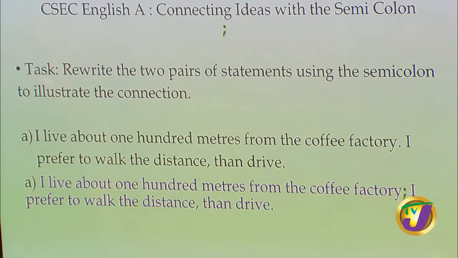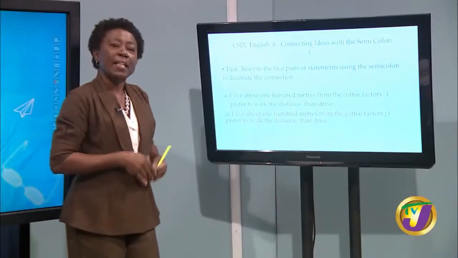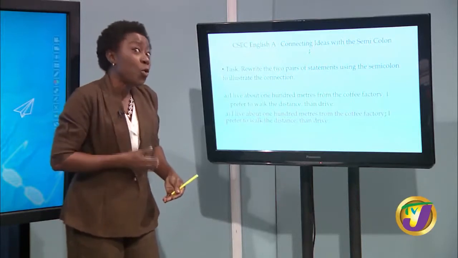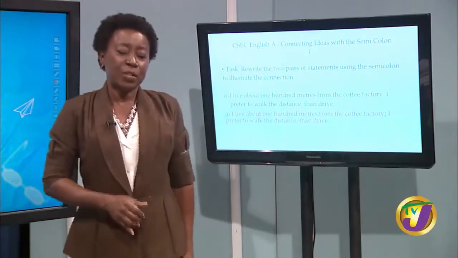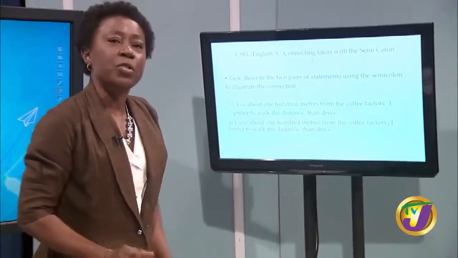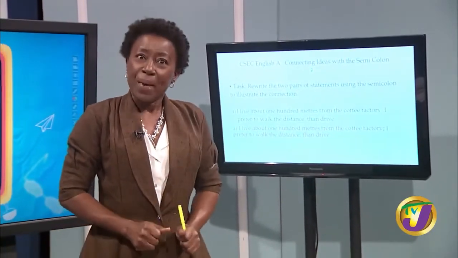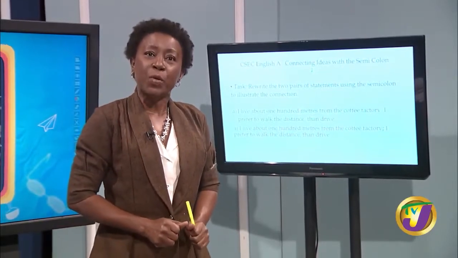So I have connected the two independent clauses, which are expressing a close idea, with the semicolon. That's very important, and I'm going to stress the independent clause some more as we go along.